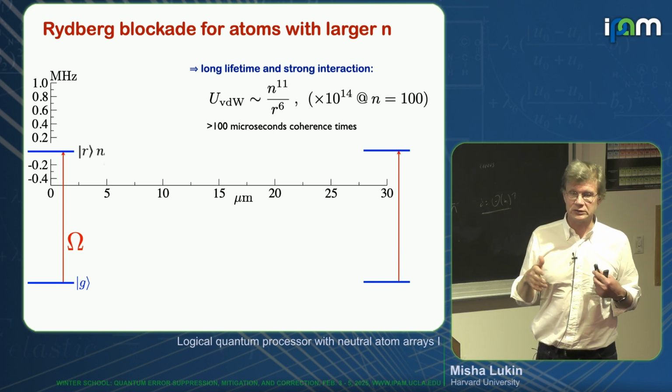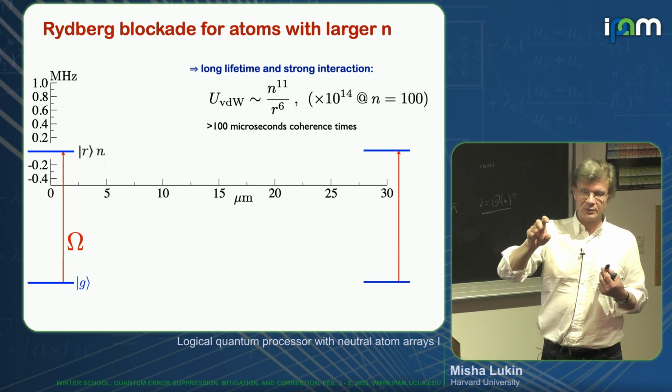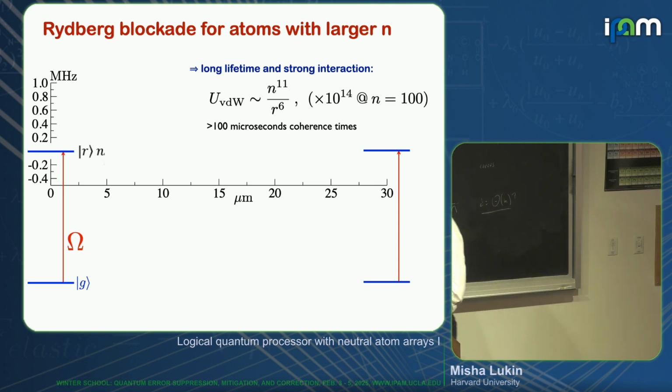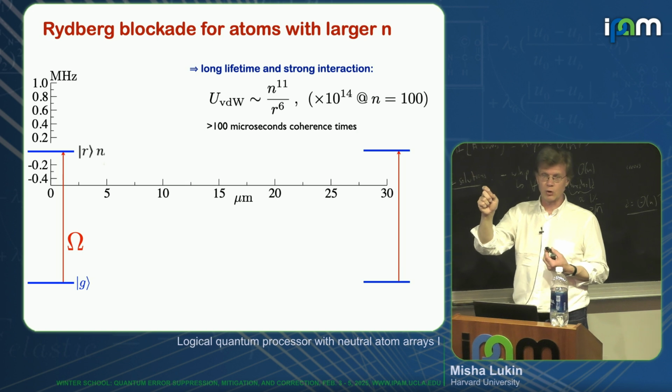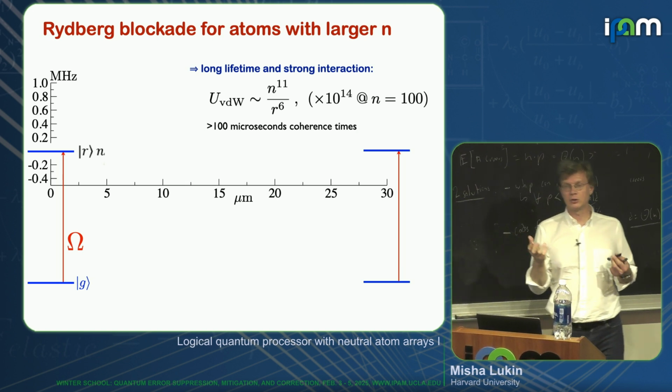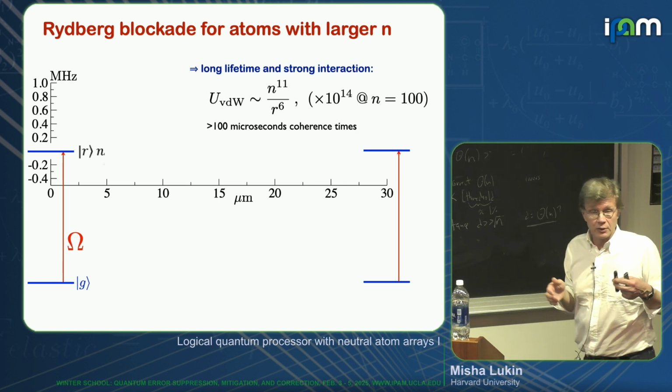Another part of the reason is that the spacing between nearby levels becomes very small. So there is a practical limit to how large n you can go, but it's a very interesting question.